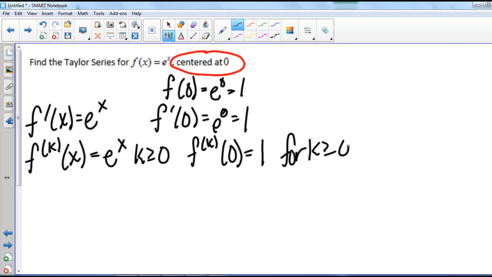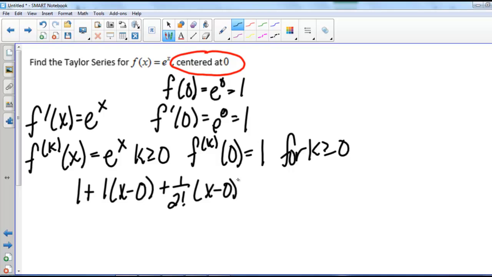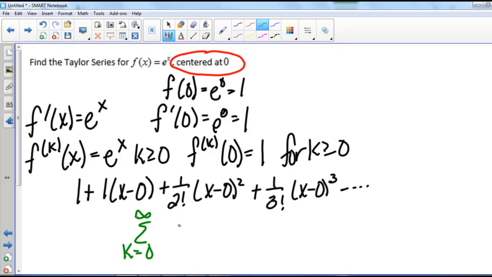So when we start writing out our Taylor series, we get 1 plus 1 times x minus 0 plus 1 divided by 2 factorial times x minus 0 squared plus 1 divided by 3 factorial times x minus 0 cubed, and so on. When you look at these terms, we find that we're getting the series from k equals 0 to infinity of 1 divided by k factorial times x to the k.